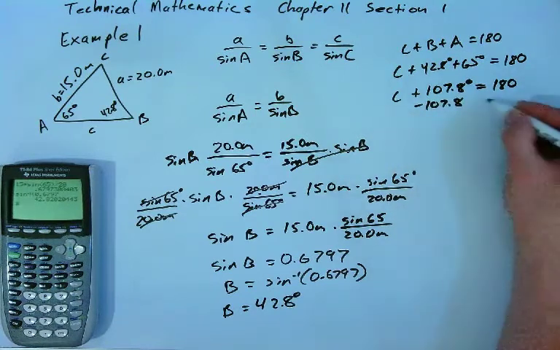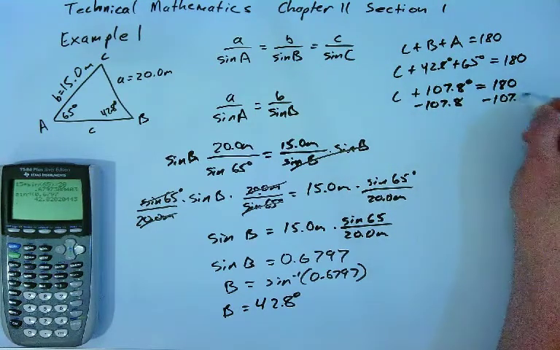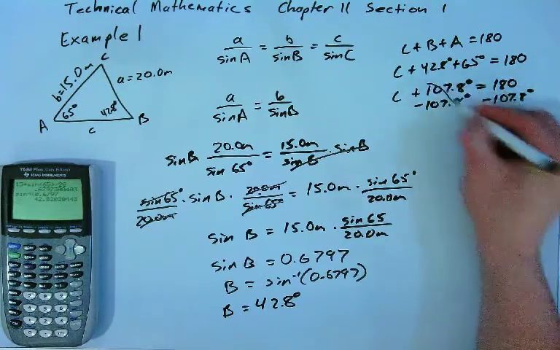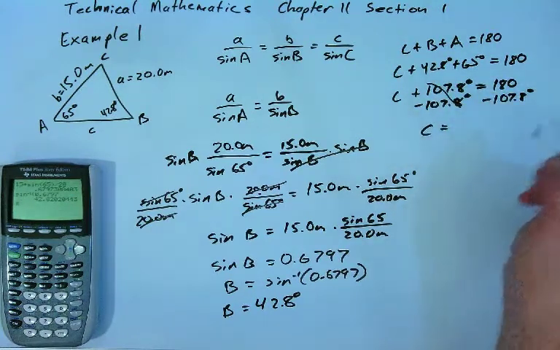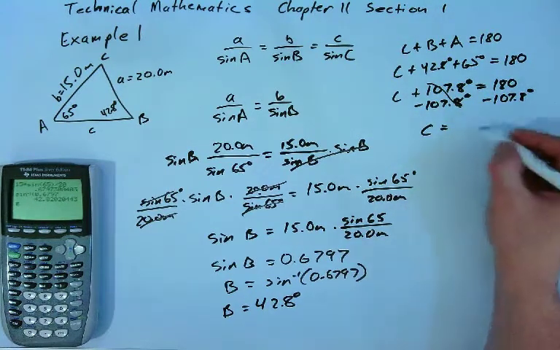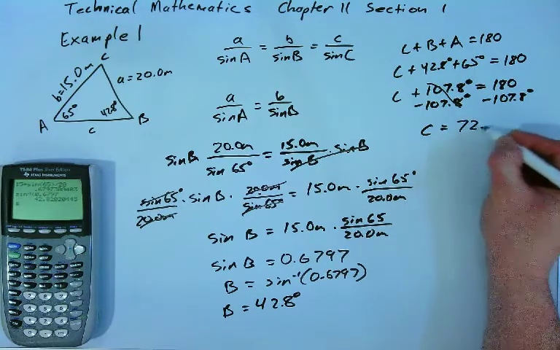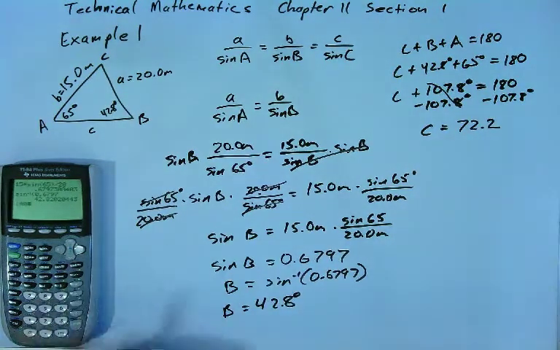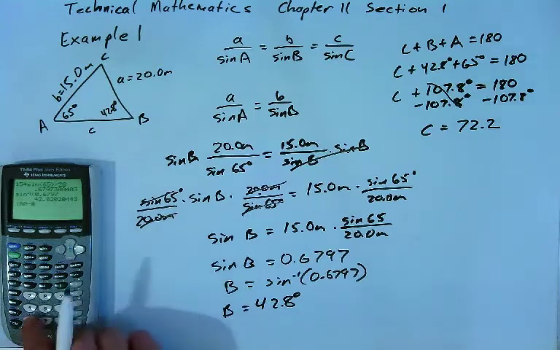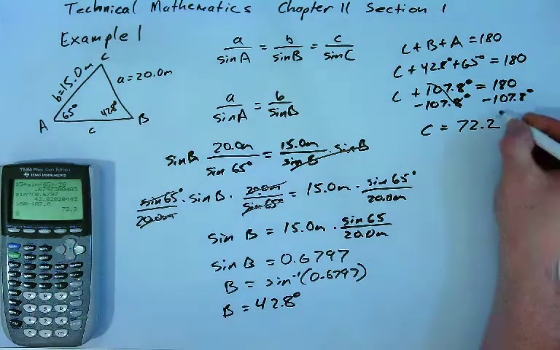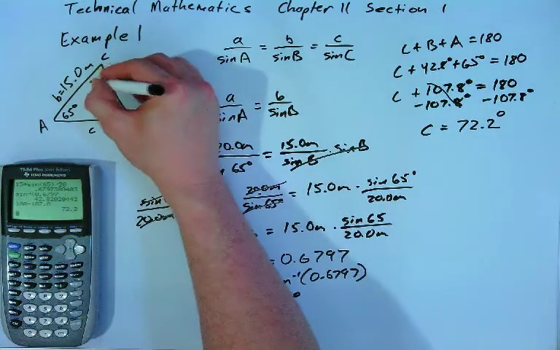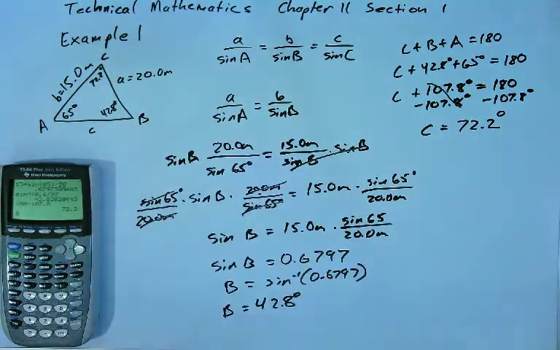Subtract 107.8 from both sides. These cancel, and C is equal to, looks like 72.2. I'll just be sure, 180 minus 107.8 is 72.2. So angle C must be 72.2 degrees.